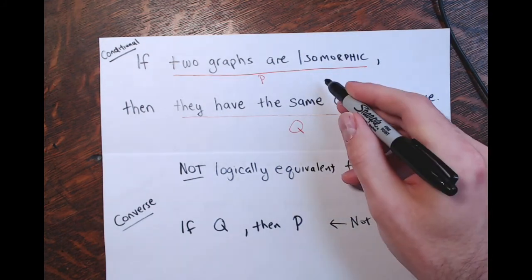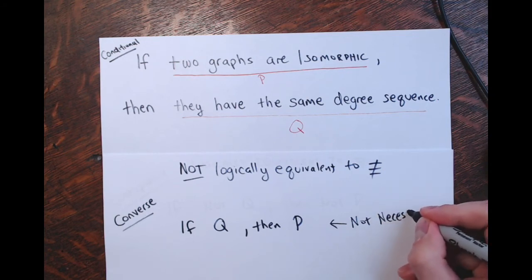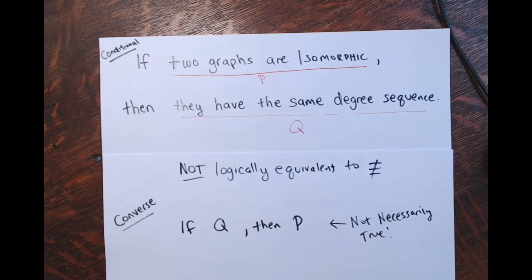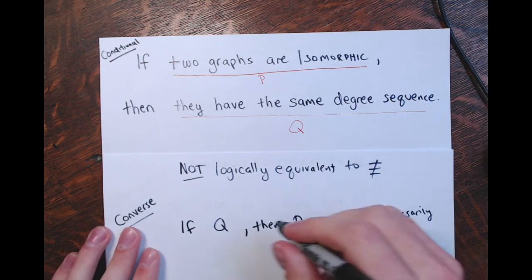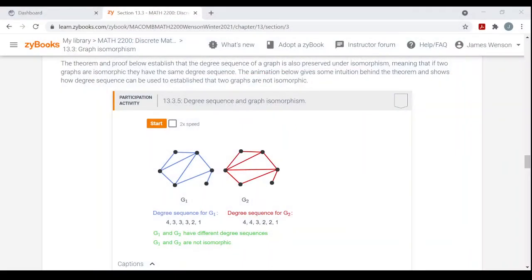This is a true statement. This is not necessarily true. It could be true in some cases. It could be false in other cases. So if two graphs have the same degree sequence, then they're isomorphic. That's not true. Some graphs have the same degree sequence, but are not isomorphic. We'll see that coming up. So just be careful.